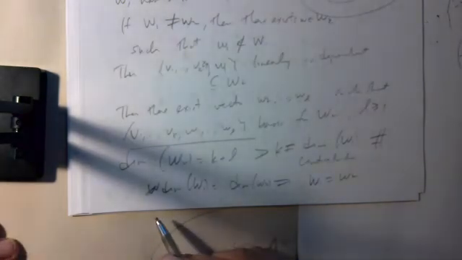And the converse is trivial because if W1 equals W2, a basis for one is a basis for the other, and they have the same dimension. And that's the proof.